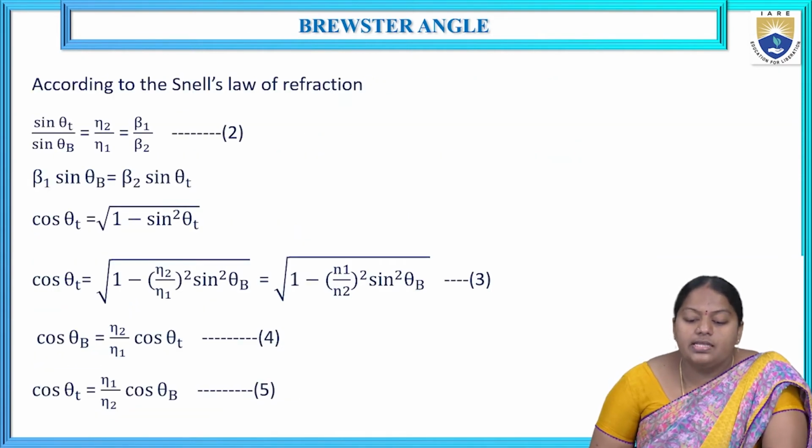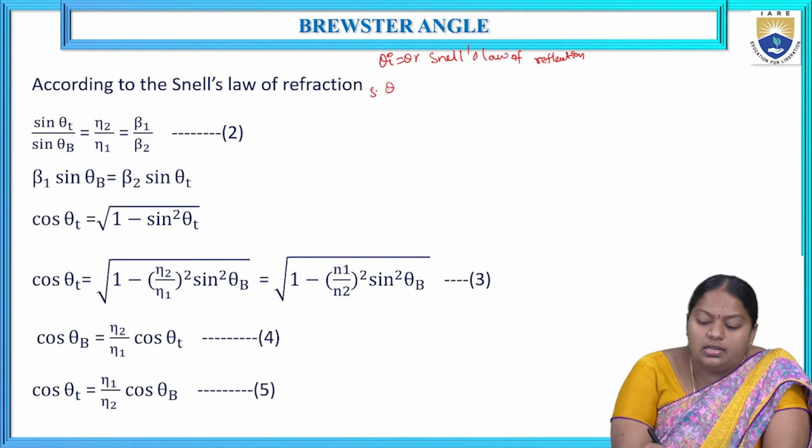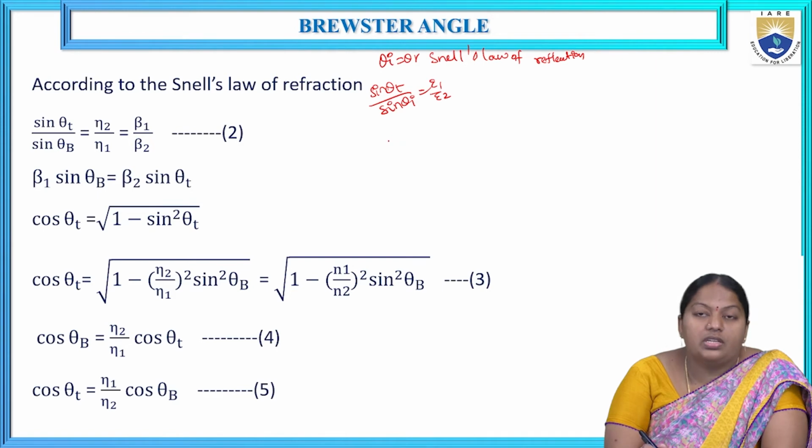Next, according to Snell's law of refraction, there are two laws in Snell's laws. One is theta I equal to theta r, which is called Snell's law of reflection, and the next one is sin theta t by sin theta I equal to the ratio of epsilon 1 and epsilon 2, which is said to be Snell's law of refraction.